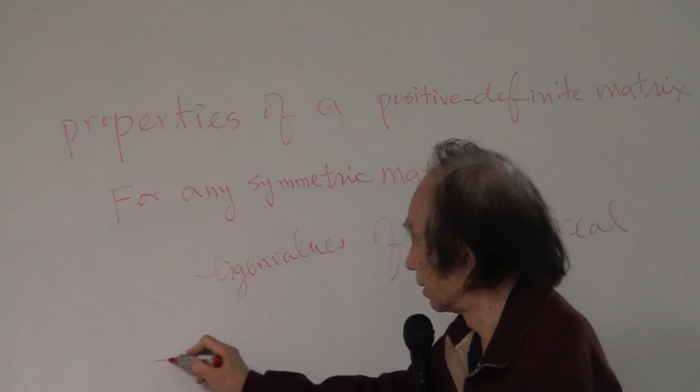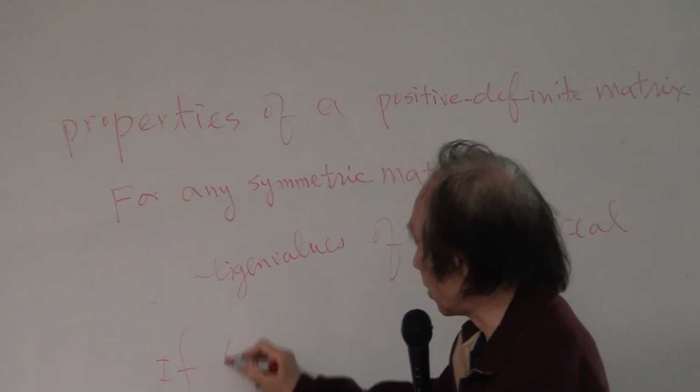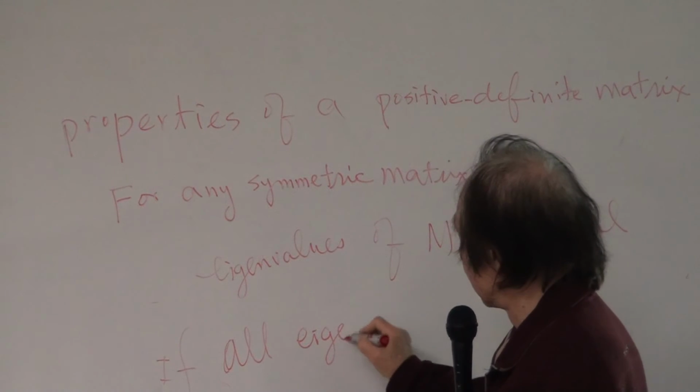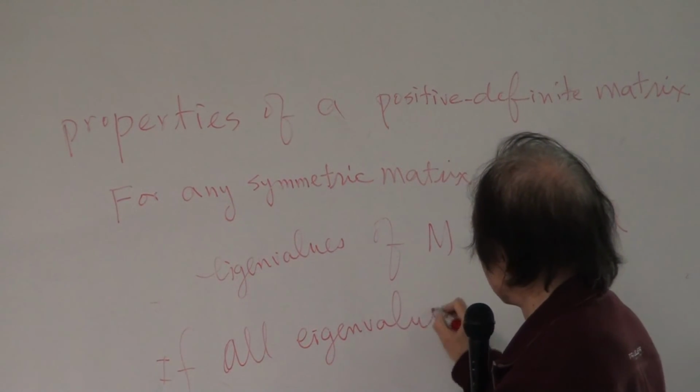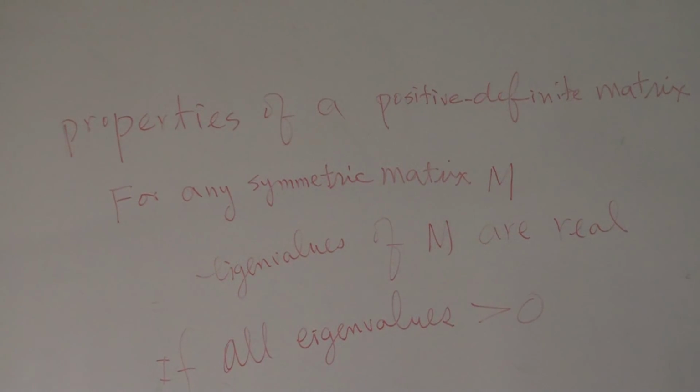And if all eigenvalues are larger than 0, then M is positive definite. So to check if a matrix is positive definite or not, an easier check is just to solve for the eigenvalues of that mass matrix.